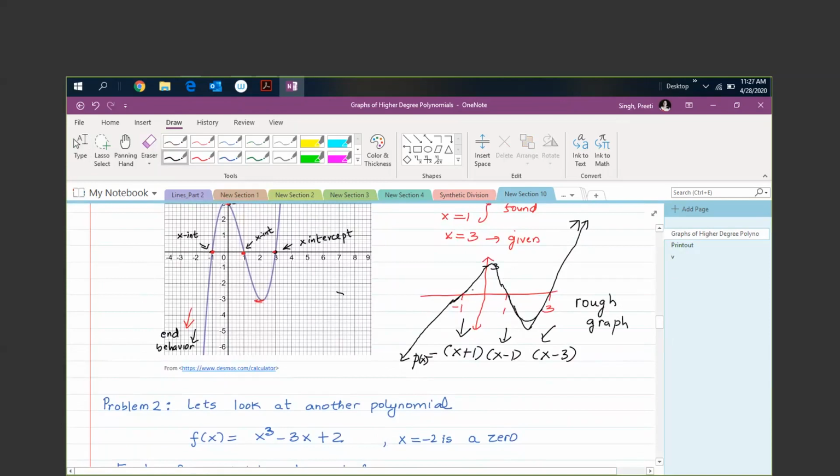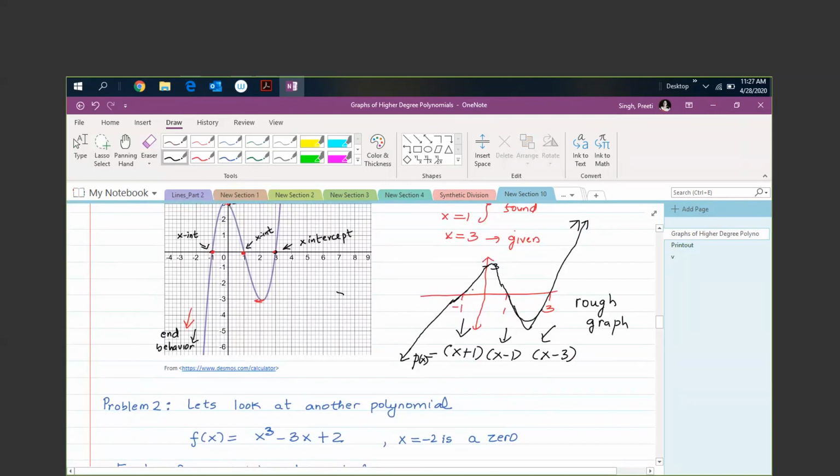So in here, you only know that it's going to turn somewhere between -1 and 1, and turn somewhere between 1 and 3 as well. Okay. So don't worry about the exact turns, but somewhere it has to cross -1, it has to cross 1, it has to cross 3. So between -1 and 1, it has to make a turn.